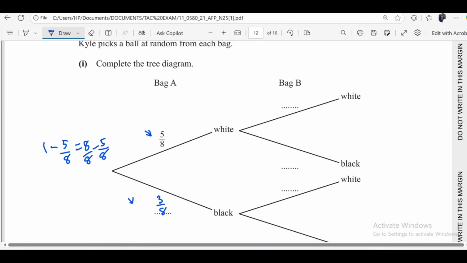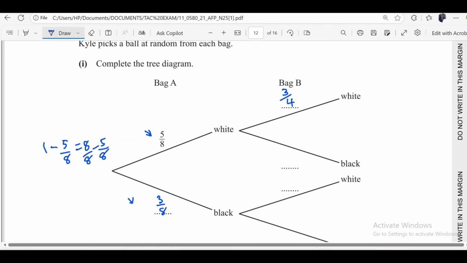Now coming here to pick a white ball from bag B. There are 3 white balls in bag B, there are 3 out of 4. 4 balls are there, 1 black and 3 white.